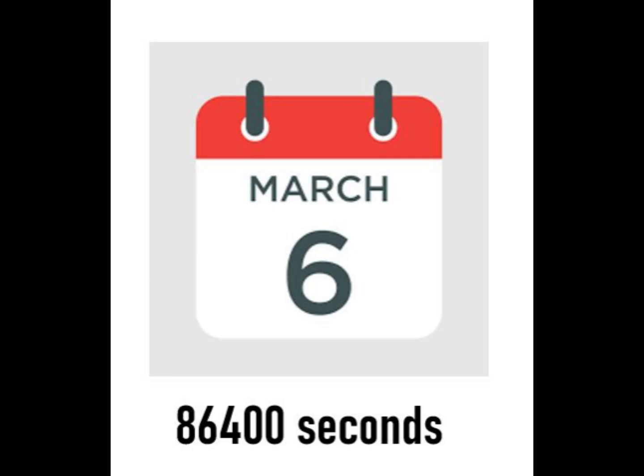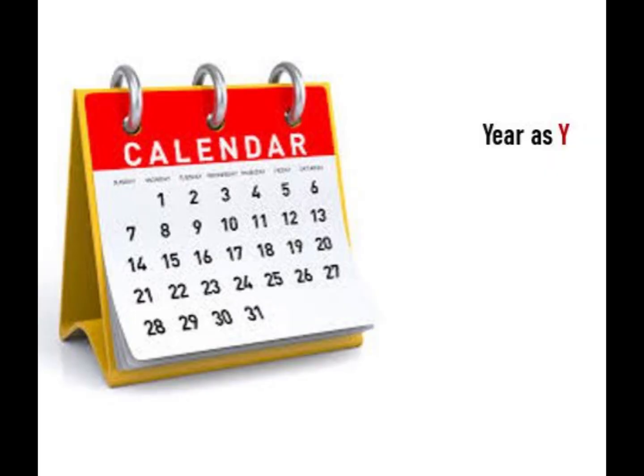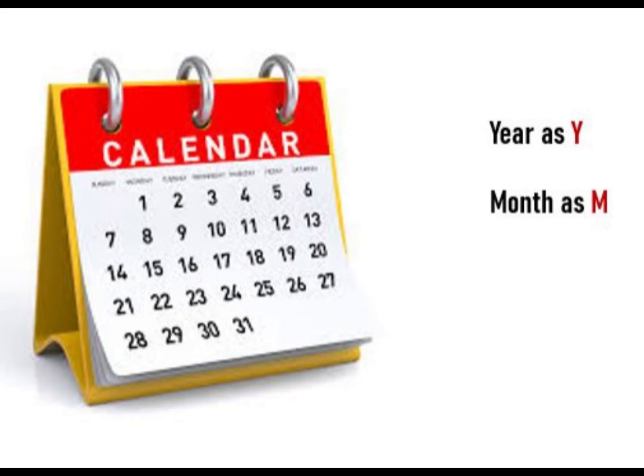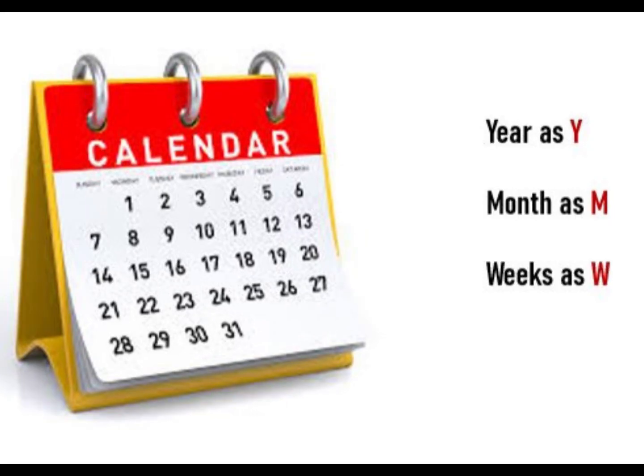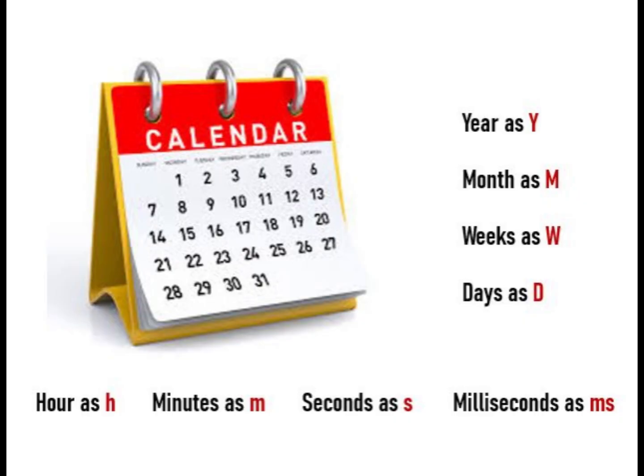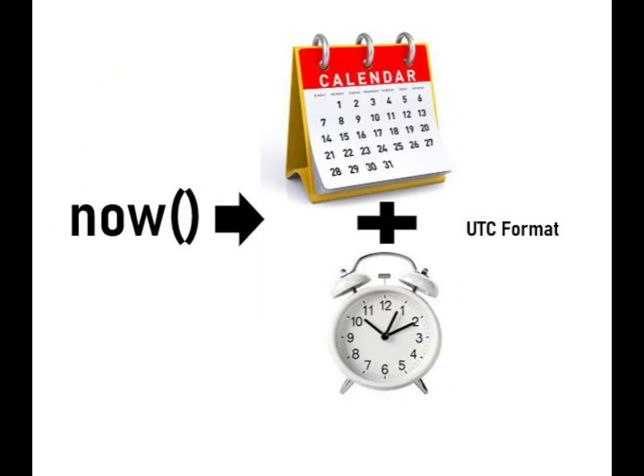The date units available here are year as capital Y, months as capital M, weeks as capital W, days as capital D, while the time units are hour as small h, minutes as small m, seconds as small s, milliseconds as small ms. The usual ones like now are also supported here, which returns the current datetime in UTC format.